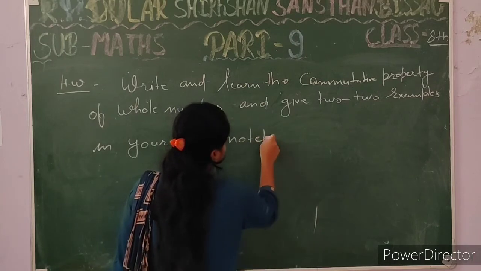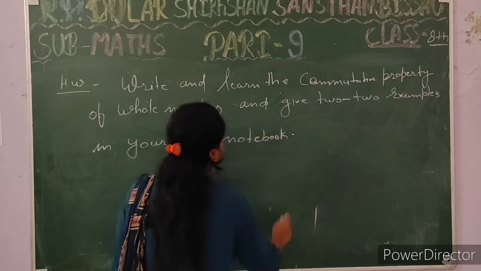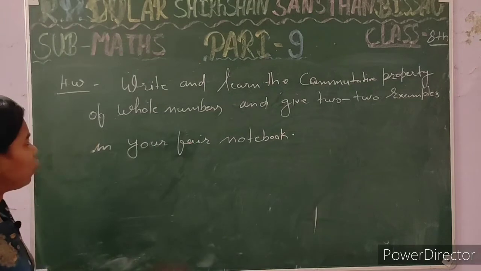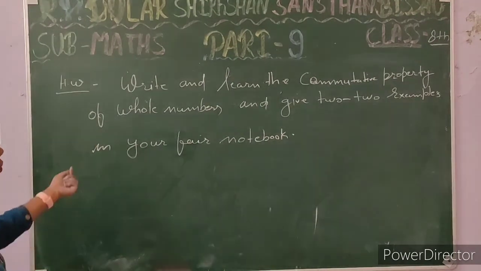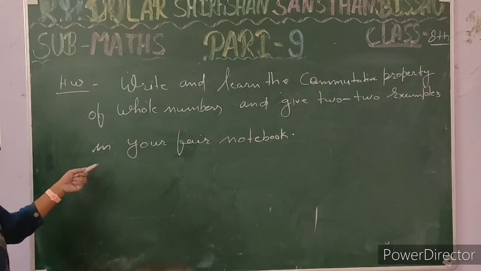Students, do this homework in your fair notebook. Write and learn the commutative property of whole numbers and give two examples in your fair notebook.